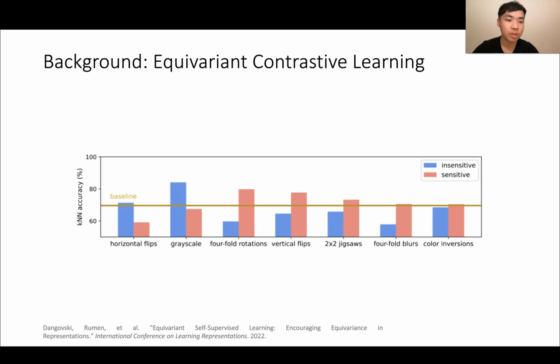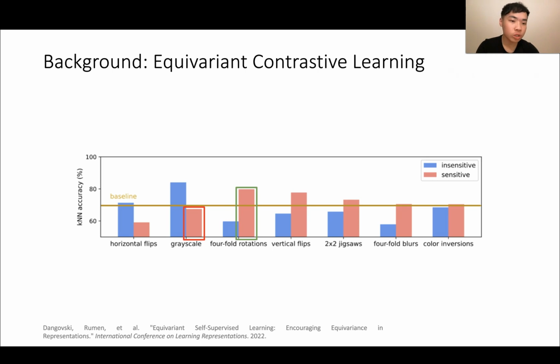Instead of using this augmentation as positive pairs, we can try to make the model sensitive to these augmentations. By doing so, you can see the performance of training the model to be sensitive to grayscale will be worse than the baseline.